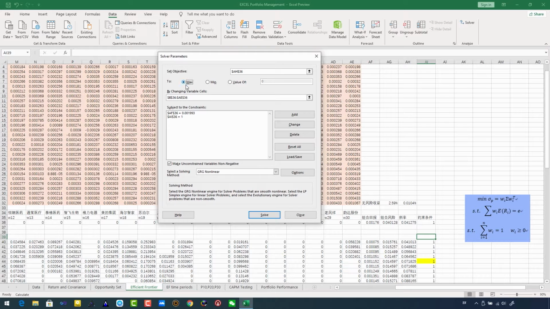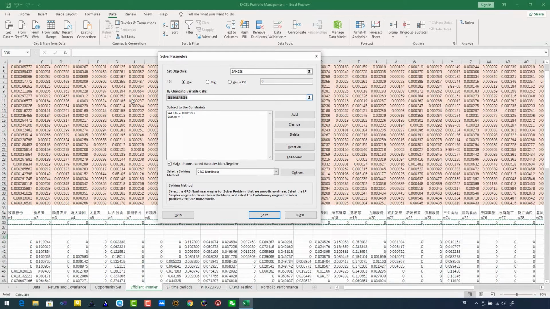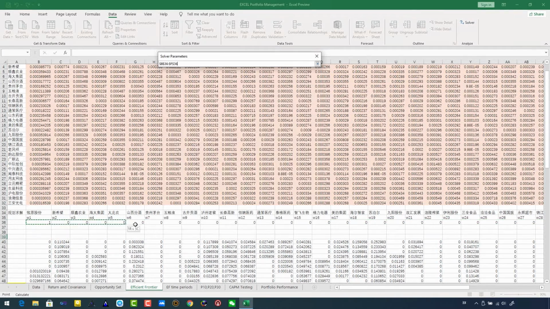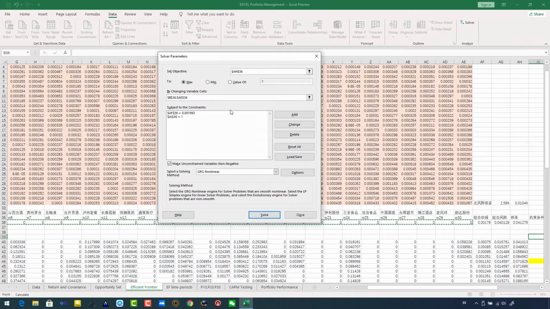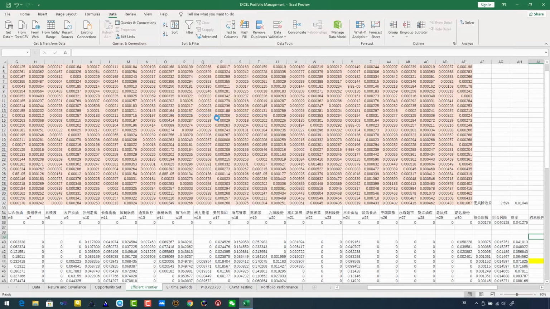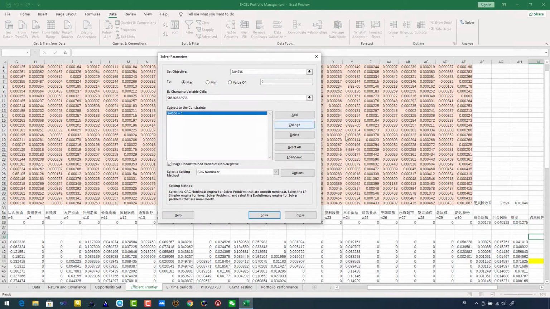And for the changing variable cells, you select all the weights for these 30 stocks, and then click Reset All. So just delete what is here.